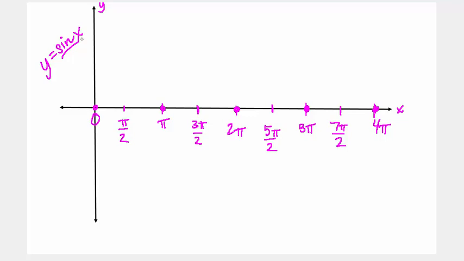Now, let's see if we can also find where the sine values are 1 or -1. Those are some key places too. So again, just think of the unit circle, pull it out real fast. The sine values or y-coordinates are 1 at the top and at the bottom. So all we have to do is recall which arc values would hit there, no matter how many times we rotate around the circle.